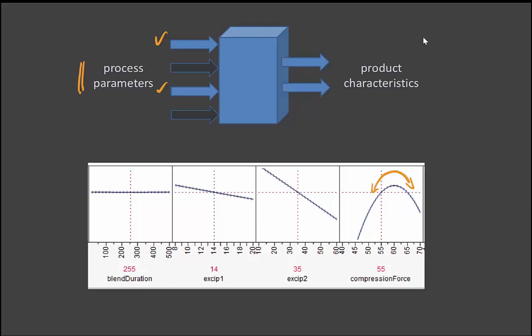What the screening design tells us is that this has got a strong effect, whereas this has got a moderate effect, and this has got no effect. And that assessment would be equally true here, even though we didn't maybe model the curvature, we could still establish that there's a strong effect for that parameter.